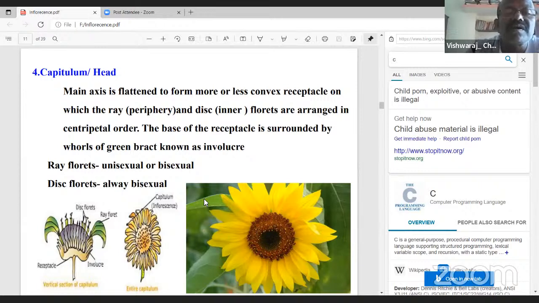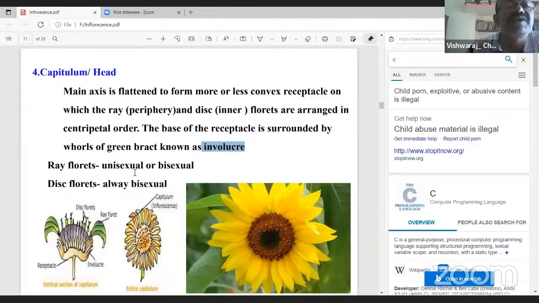On the base, these green bracts are called the involucre, the green bracts at the base of the flower, terminal on the peduncle or pedicel.